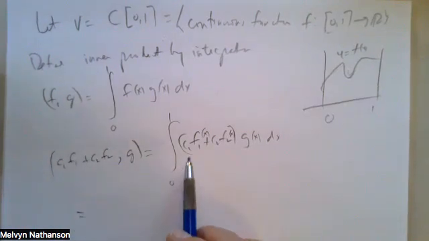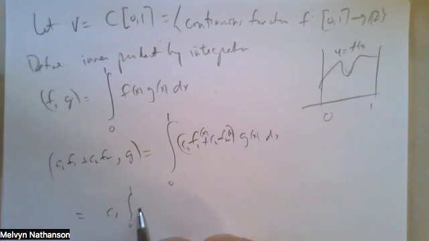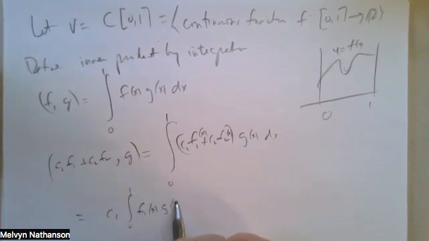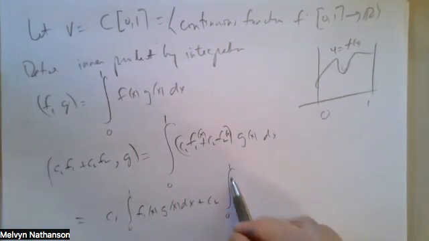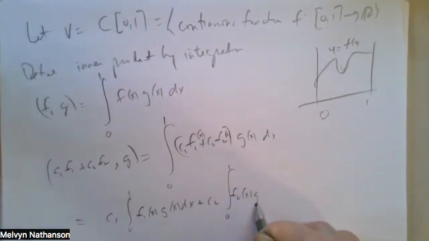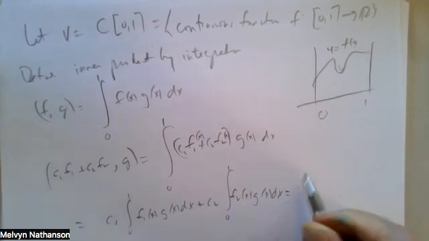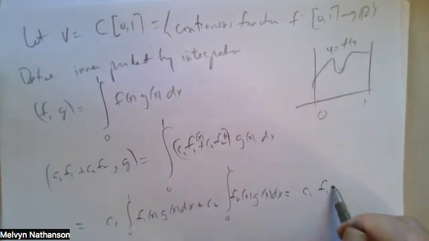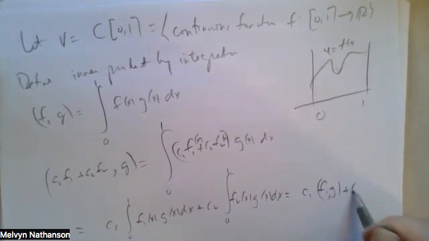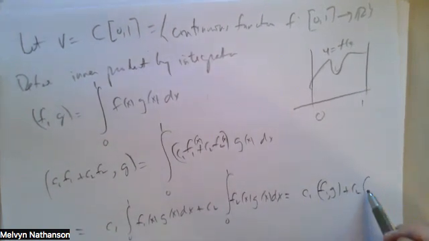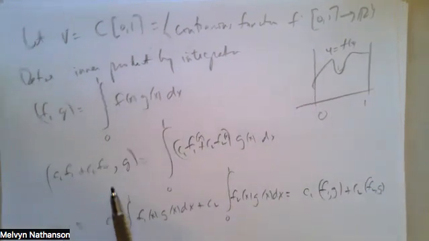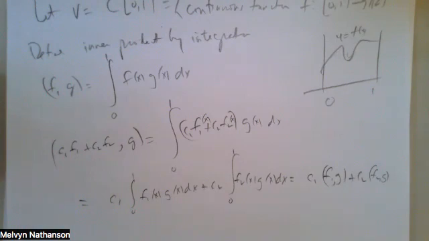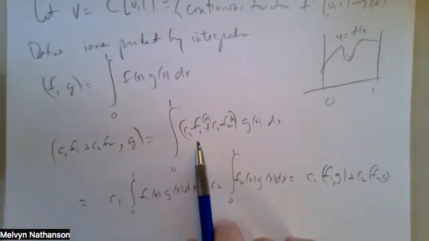But by the standard properties of integrals, this is c1 times the integral from 0 to 1 of f1 of x, g of x dx, plus c2 times the integral from 0 to 1 of f2 of x, g of x dx. That's c1 times the inner product of f1 and g, plus c2 times the inner product of f2 and g. So the first two properties of inner product are satisfied.